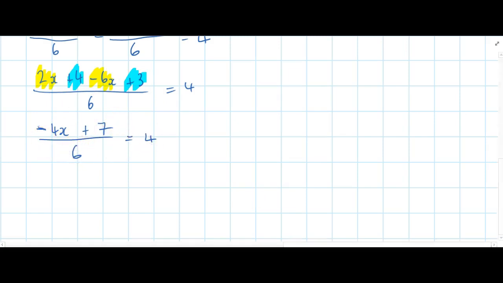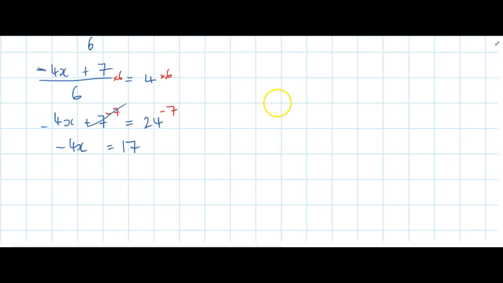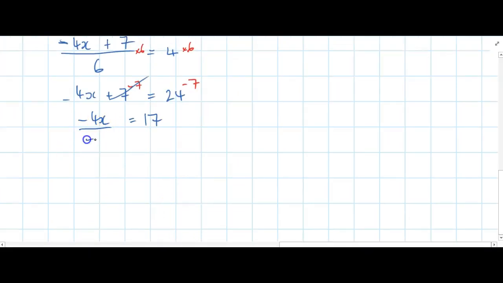Now we just solve by inverse. So times 6 equals negative 4x plus 7 equals 24. Now we minus 7 on both sides, which cancels out: minus 4x equals 24 minus 7, which is 17. And finally, we divide by negative 4.